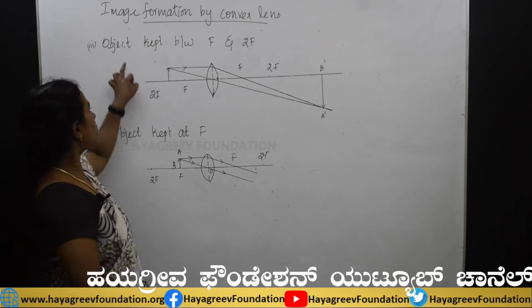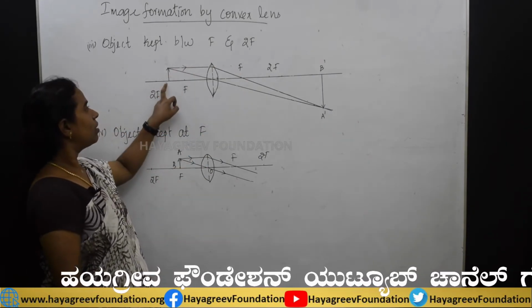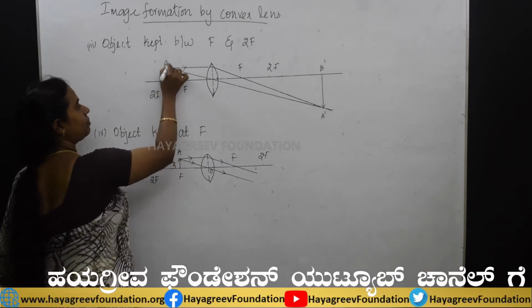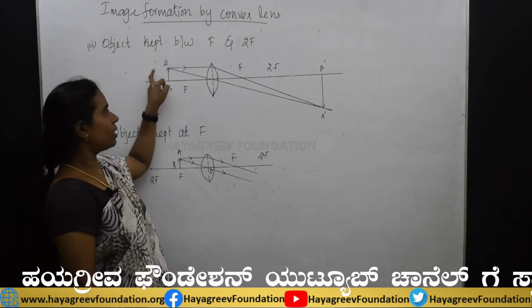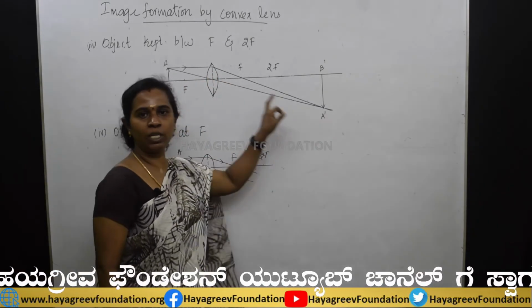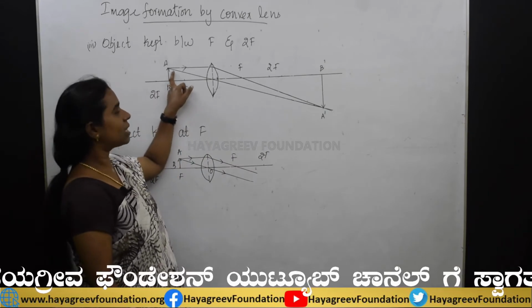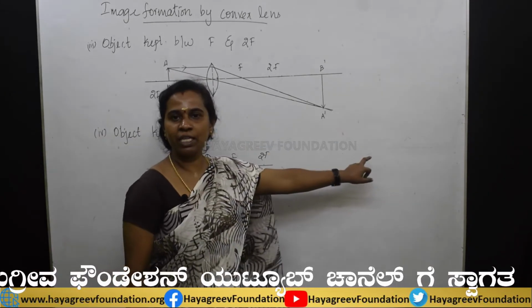Next, object kept between f and 2f. This is object AB, kept between f and 2f. The ray which is parallel to the principal axis, after refraction passes through the principal focus. The next ray passes through optic center without deviation, traveling in a straight line.